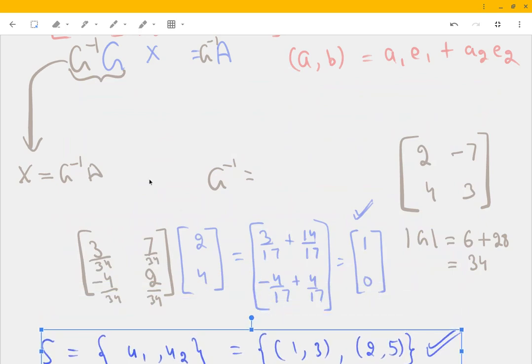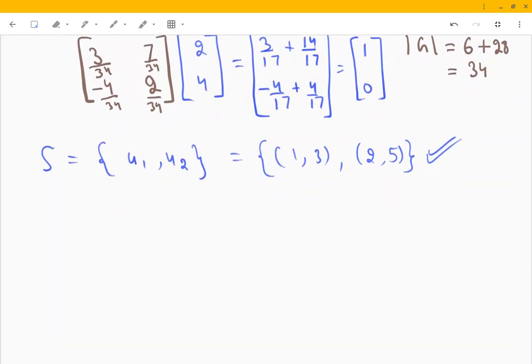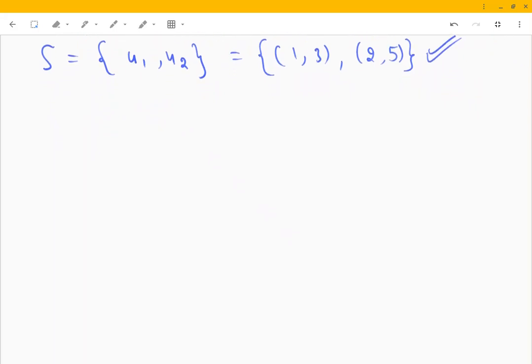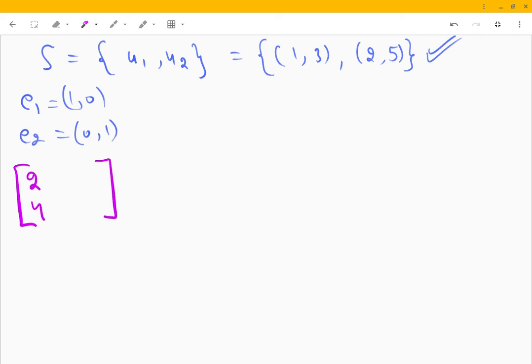So what is happening here is that now we have these new bases. Earlier our bases were E1 and E2, the standard bases 1 0 and 0 1. And our transformation matrix, I'll write it here, was, I think, 2 4 negative 7 3.